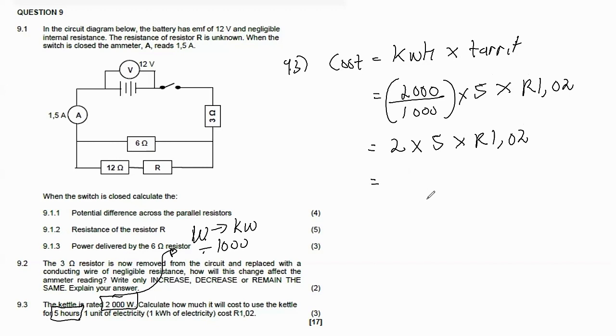So now when we do the calculation for that one, we end up with the cost being 10 rand 20 cents, right? So that's the cost of using the kettle that has a power rating of 2000 watts for 5 hours a day, right? Then that's just how you were supposed to answer all of these questions for a total of 17 marks.